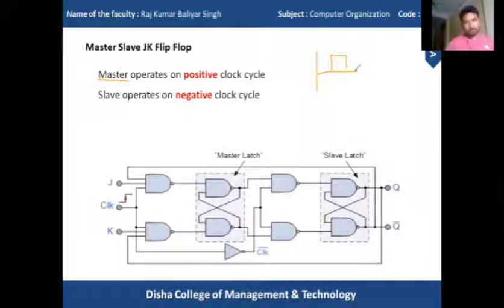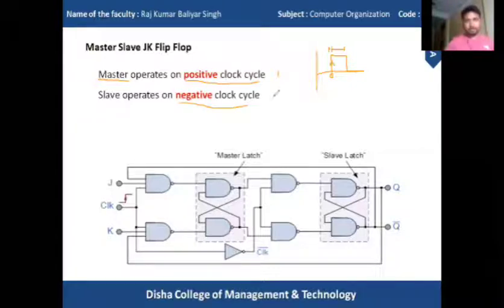When the clock is moving from 0 to 1, that state is called the leading state. When the clock becomes 1, that is called the positive state. So positive clock cycle means the clock value is 1, and the negative clock cycle means the clock value is 0.